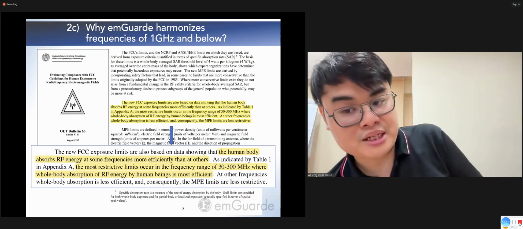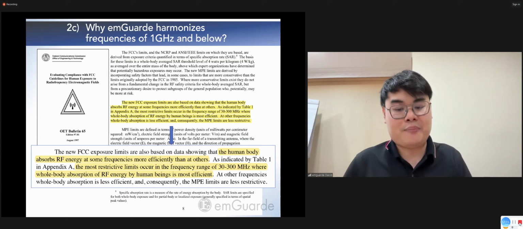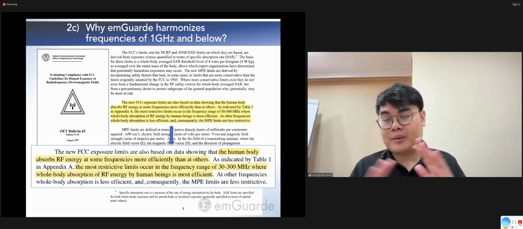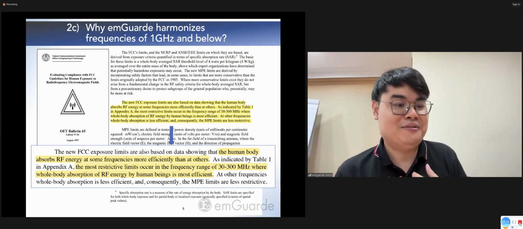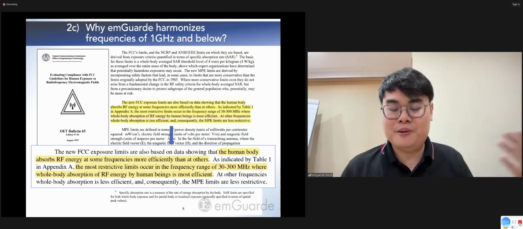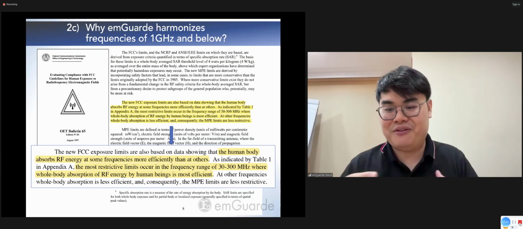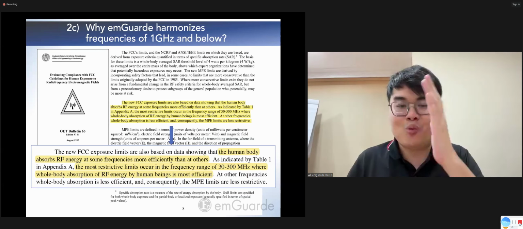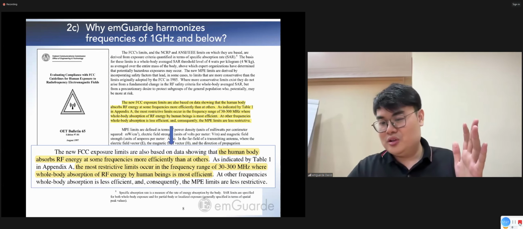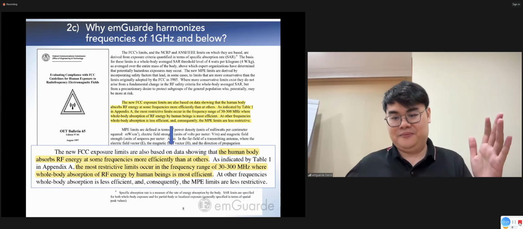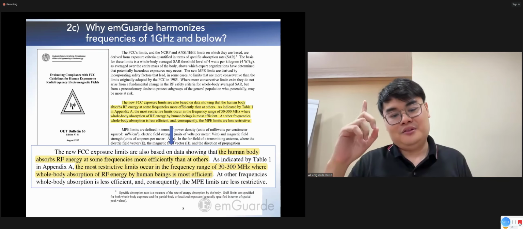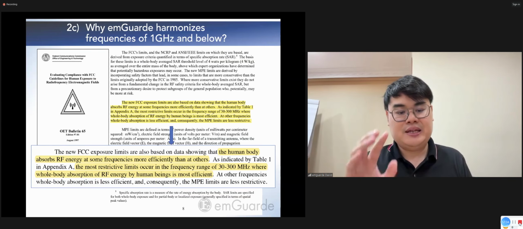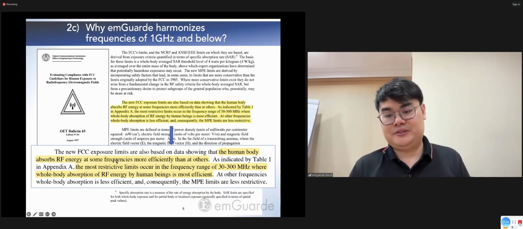Just remember these are not all frequencies, because if we absorbed a lot of energy from all types of frequencies, we should be dead by now. You know why? Because every day we are bombarded with all these different frequencies everywhere, all the way from 1 hertz to thousands and billions of hertz. So we'd be dead by now. So according to this, it says at some frequencies more efficiently than at others.